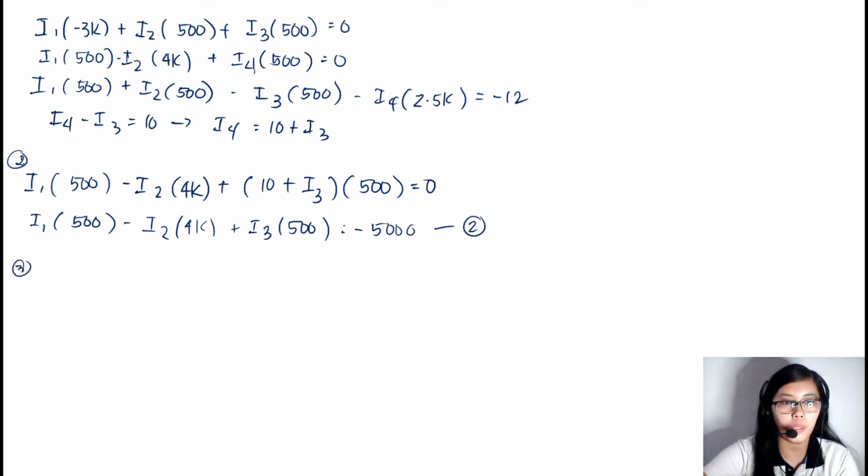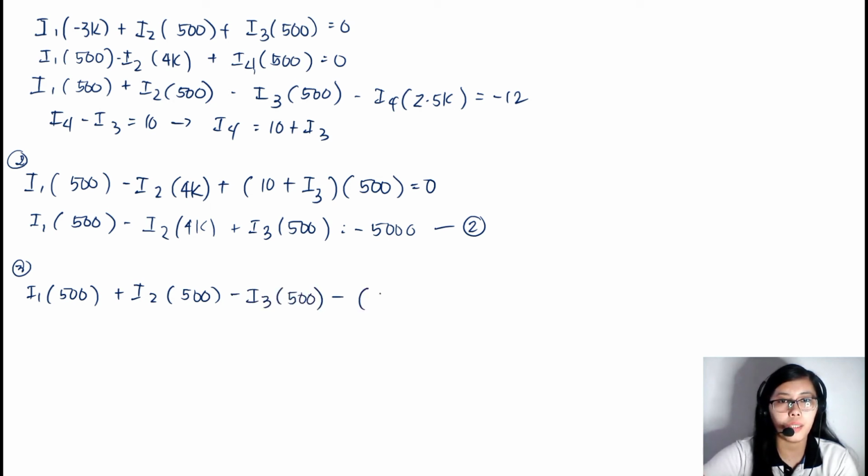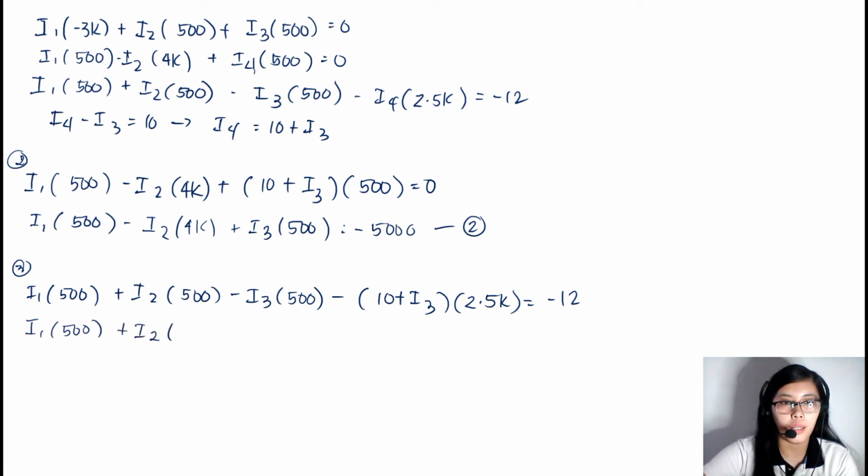Then for our third equation, we have I1 times 500 plus I2 times 500 minus I3 times 500. Our I4, that's 10 plus I3, multiplied by 2.5K equal to negative 12K. So this will be I1 times 500, I2 times 500, then I3 times 500 plus 2.5K, so I3 times 3K.